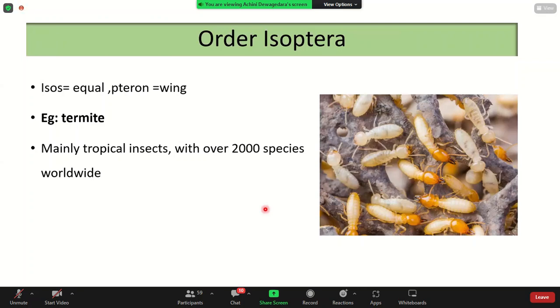Next order that we are going to discuss is order Isoptera, right? Here the meaning is isos means equal, pteron means wings.